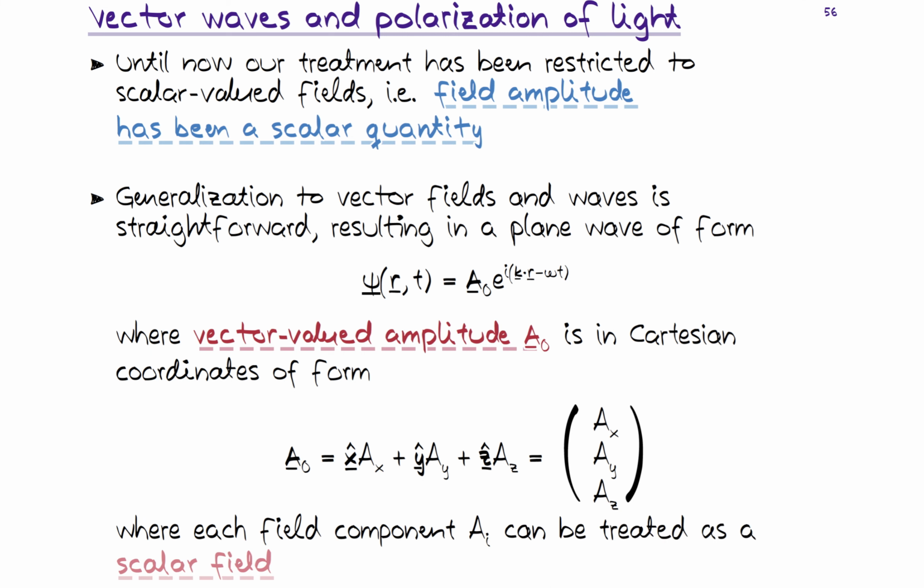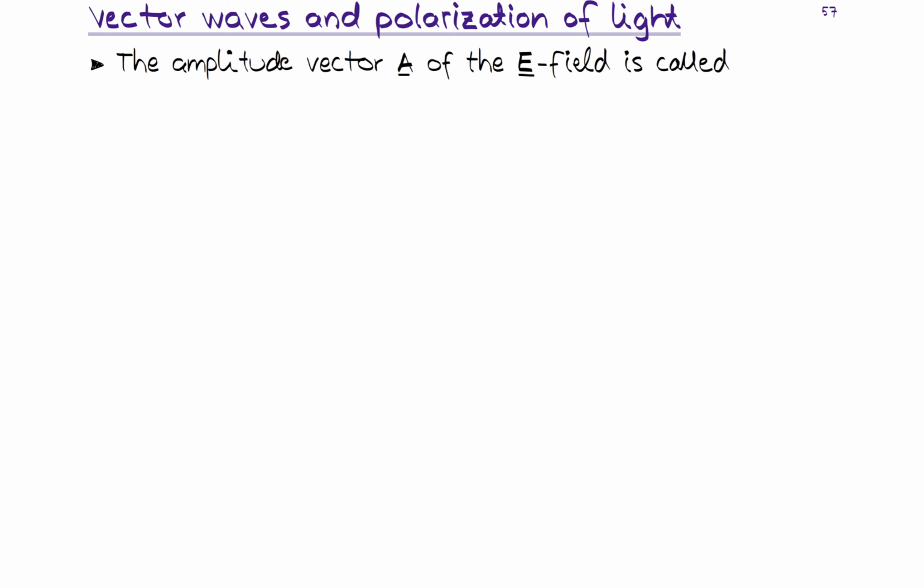So in principle, I could use the same wave equation as before, and just put my vector field through the wave equation three times, once for each of these different components. The amplitude vector A of my electric field is actually called the polarization of light.